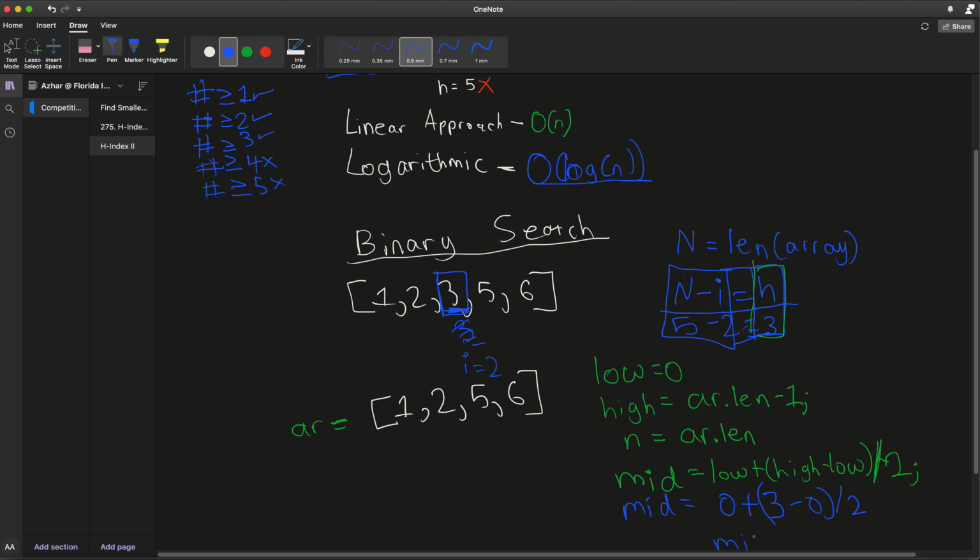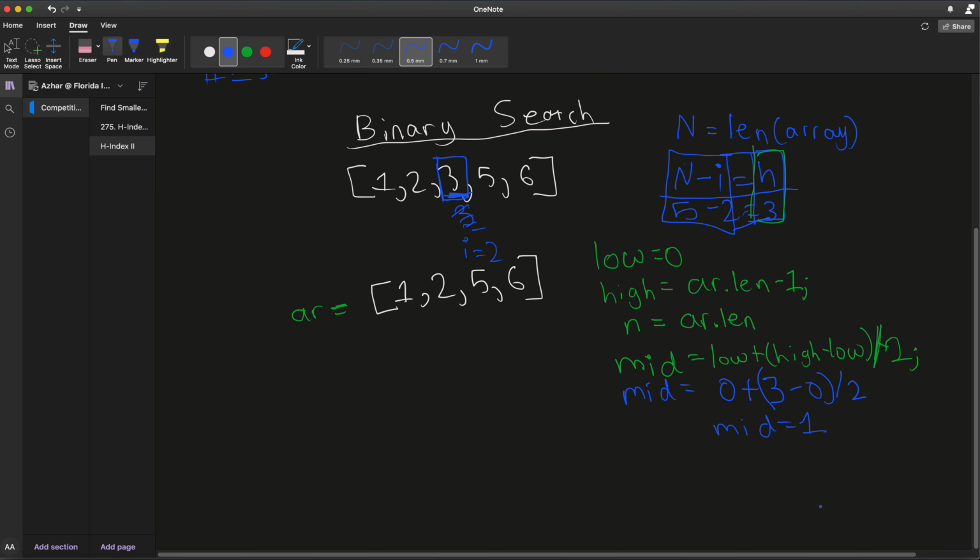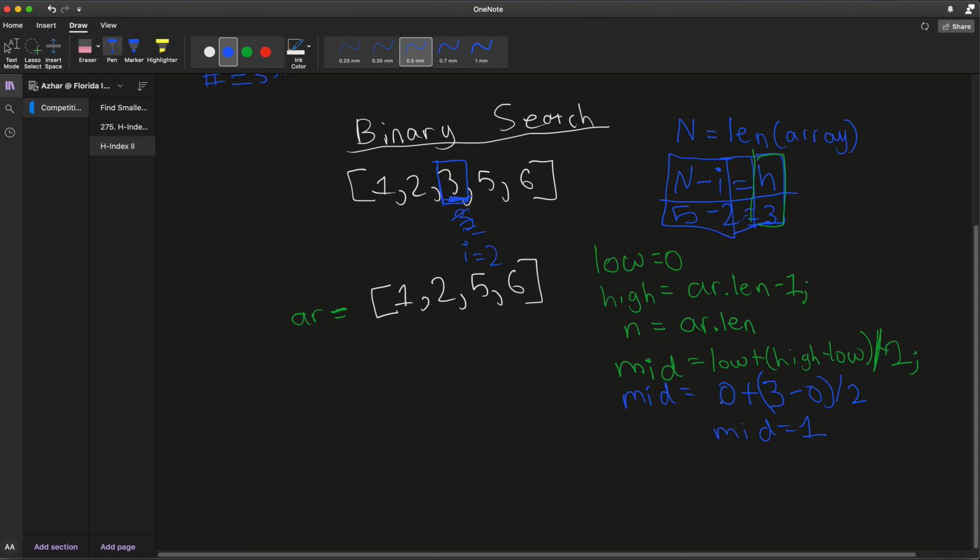So mid equals 1, because 3 divided by 2 with integer division will be 1, and 1 plus 0 is 1, so that's why it will be that. So mid, we're gonna go off based off our indices. So 2, right? We did with indices 0, 1, 2, 3. We have 2, and we have to check whether this h index would be good.